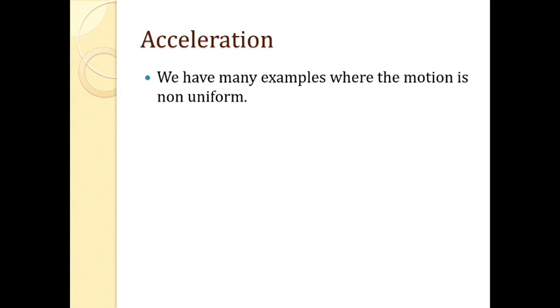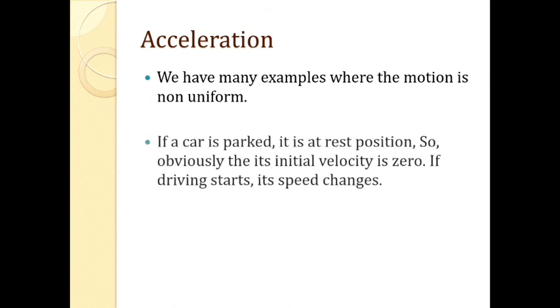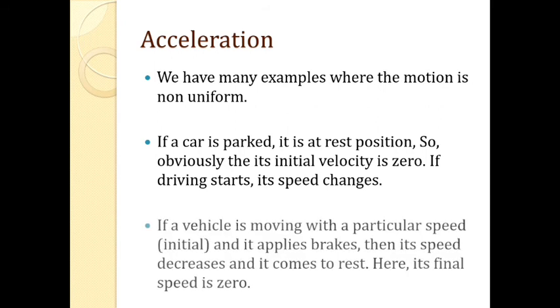See, we have many examples where the motion is non-uniform. If a car is parked, it is at rest, so obviously its initial velocity is 0. If the driver starts the car and the speed changes, then it may be an example of non-uniform motion.